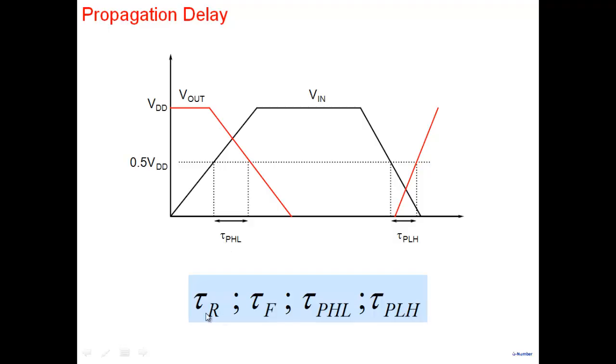Aside from that, you can also define the total time it takes for my output to fall. Fall time is usually from 10% to 90%. And the total time it takes for my output to rise, 10% to 90%. So tau R and tau F you can also define. But the more important delay values are tau PHL and tau PLH. These are the two values that I have to find.